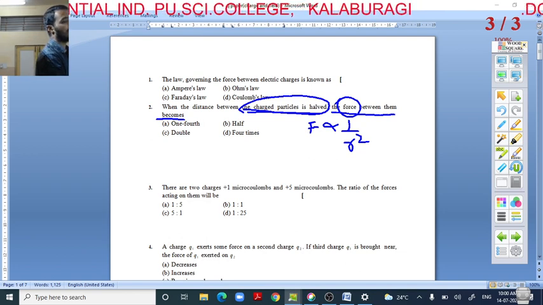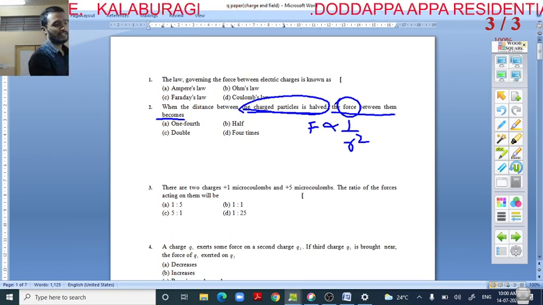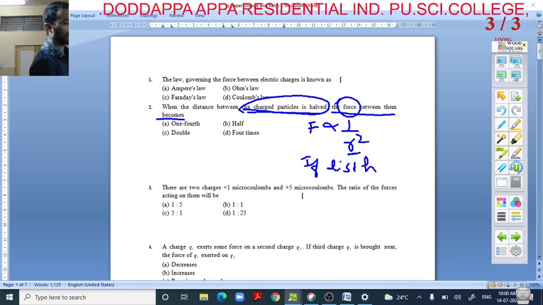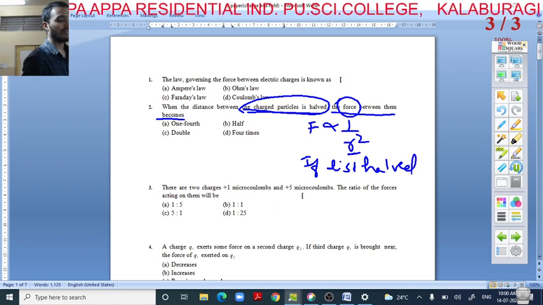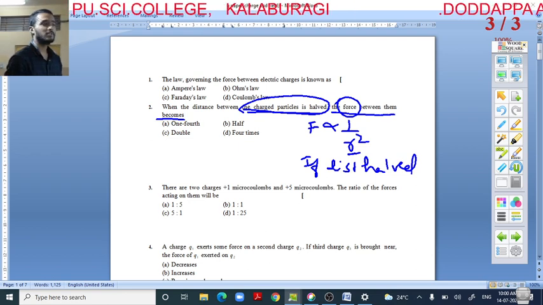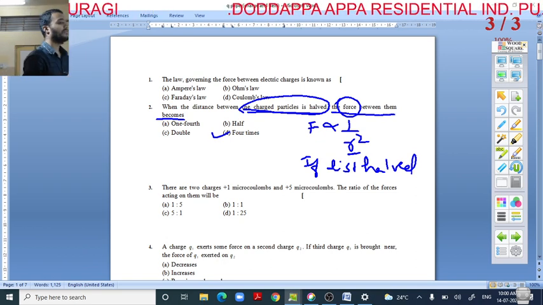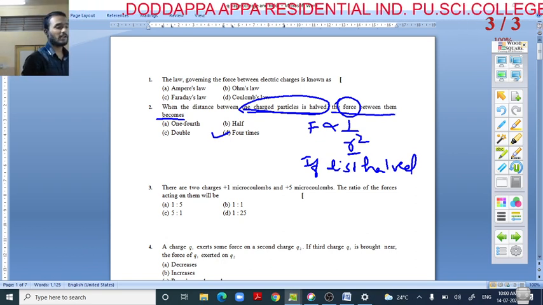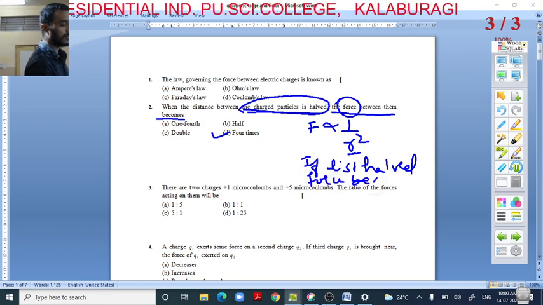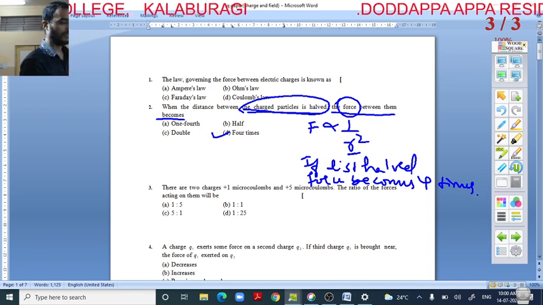If the distance is halved, then it is very clear that the force becomes 4 times of the initial. If distance is halved, force becomes 4 times. Okay, this is simple.